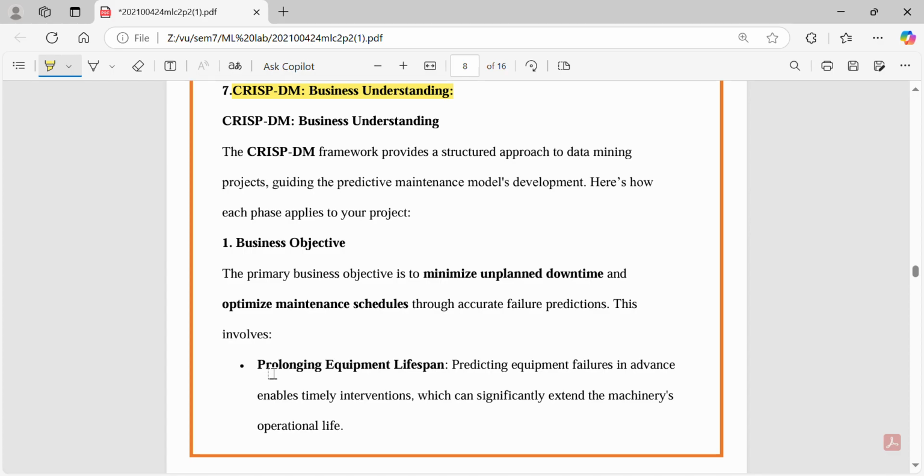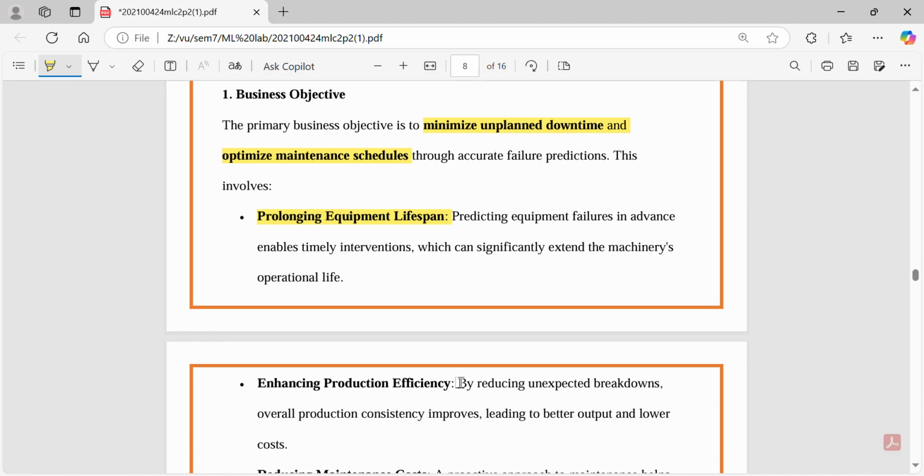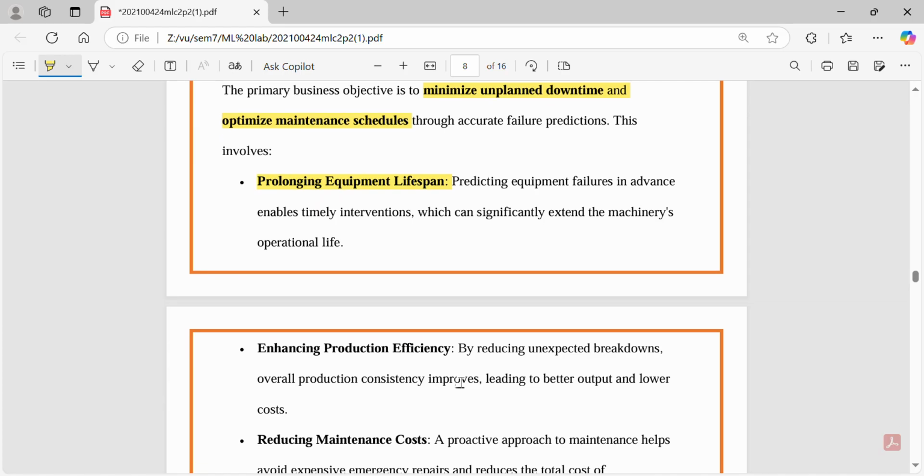Our business objective would be to minimize unplanned downtime and optimize the maintenance schedule, as well as prolong equipment lifespan, predict equipment failure in advance so that something doesn't happen, enhance efficiency, and reduce the maintenance cost as well.